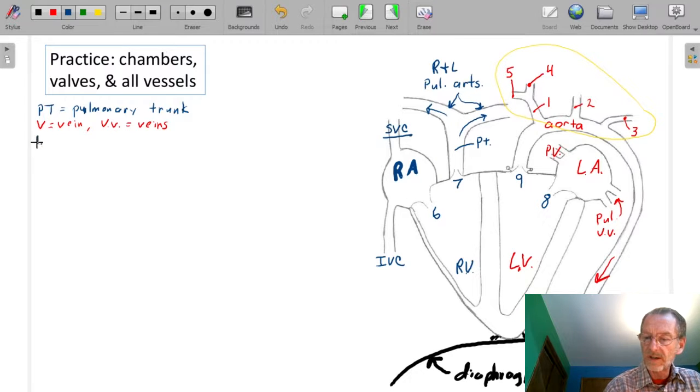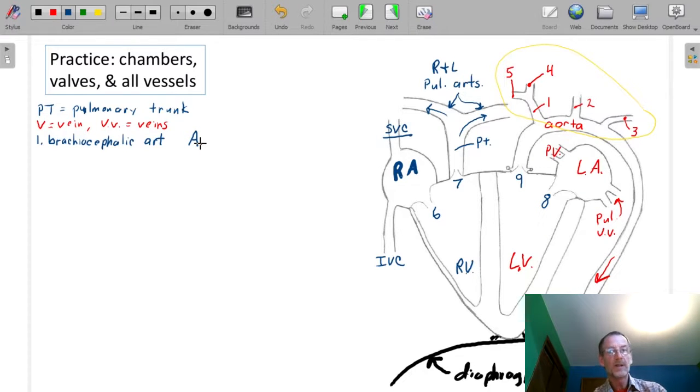So number 1 is the brachiocephalic artery. It's sometimes referred to as the brachiocephalic trunk, but if you called it a trunk, you would need to put an A after it indicating artery, because there are 2 brachiocephalic veins that we're not doing yet.